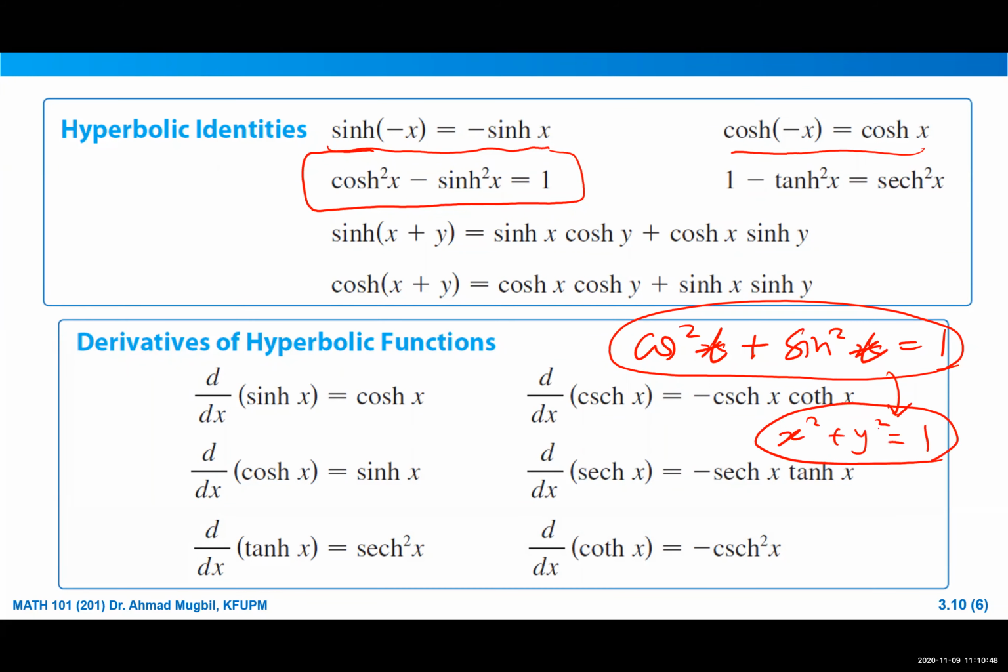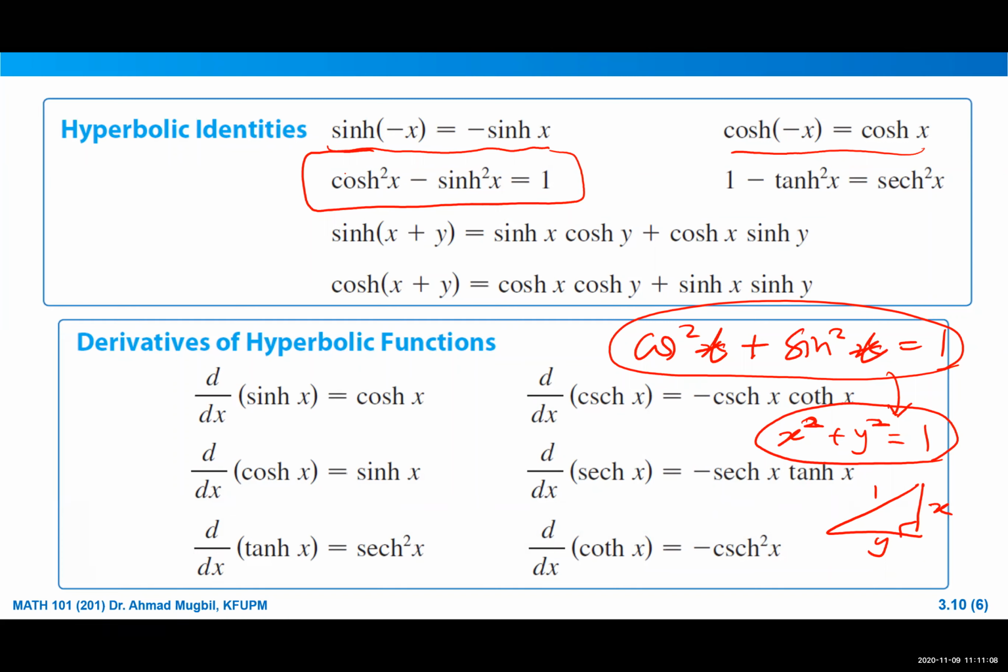This is the equation of what? This is an equation of a circle. So they call them circular functions or trigonometric functions, because by the Pythagorean theorem it is the same as the trigonometric. So they call them trigonometric or circular because of this.